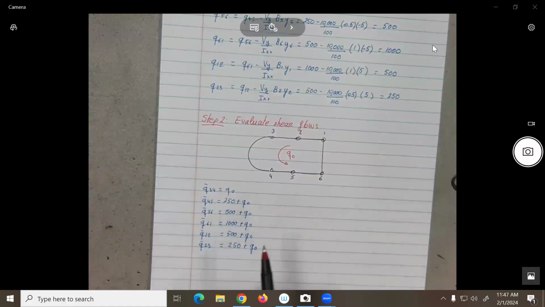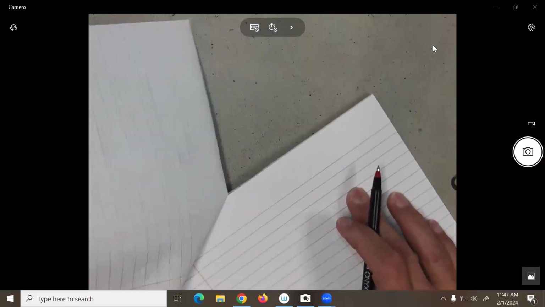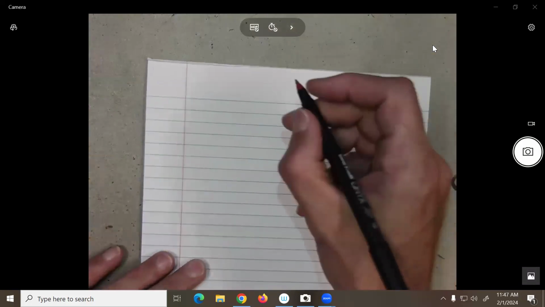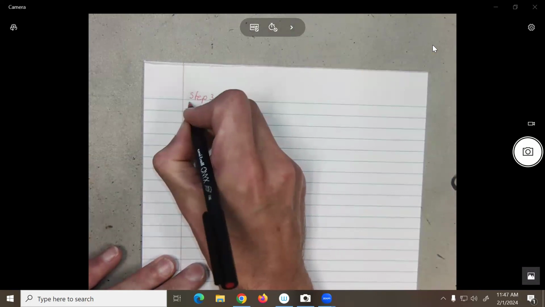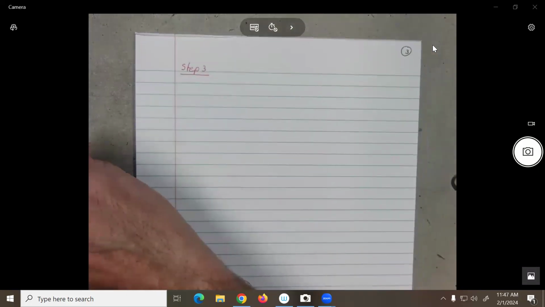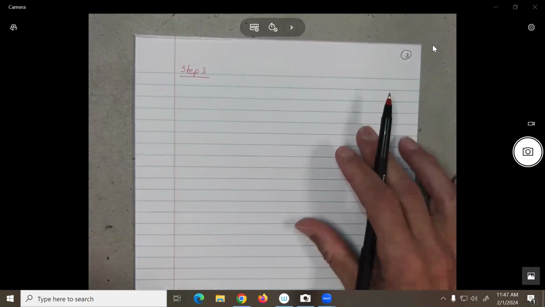Okay, that was step 2, no? That was step 3. I guess that's the only thing we did in step 2. So what do we do in step 3? What is it? What do we do in step 3?